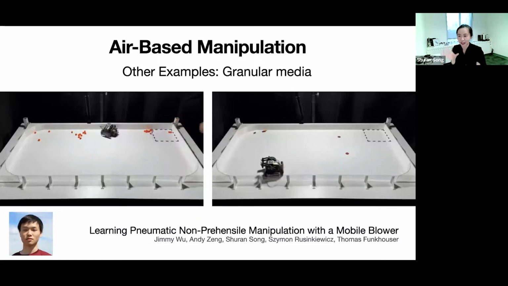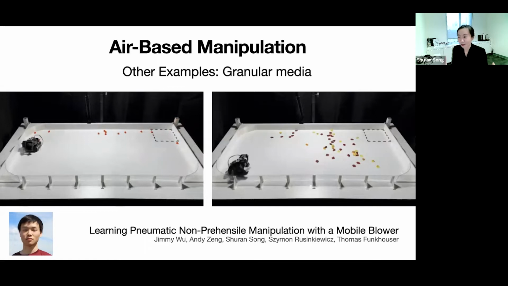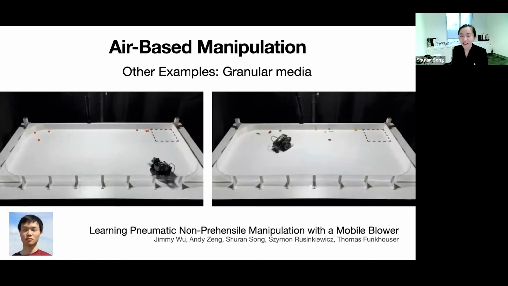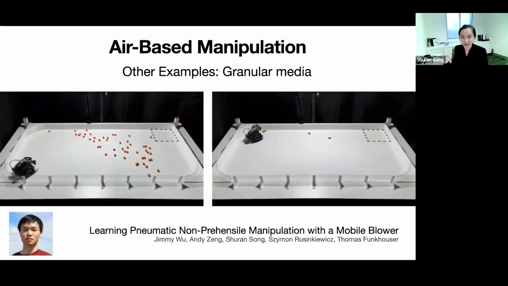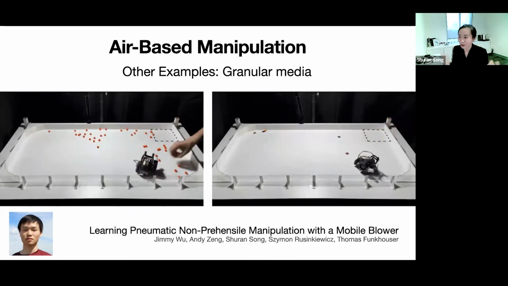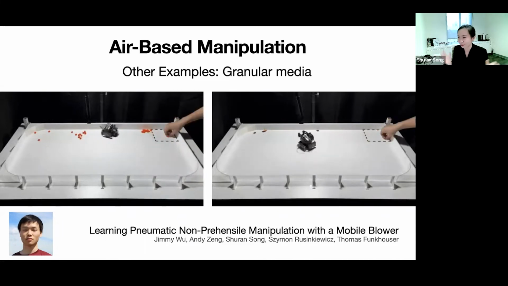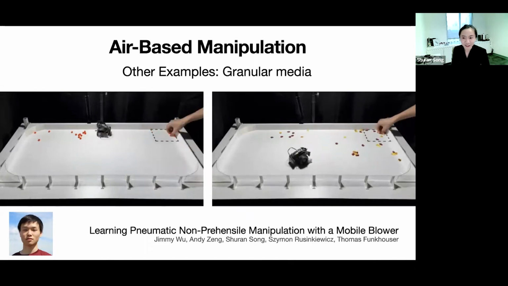We asked them to collect all the trash into one location. So the algorithm is able to use air pretty effectively, also in a closed-loop manner. And imagine if you could scale up the system with bigger robots and stronger blowers. It's possible to design a robot that cleans up your backyard or blows your leaves for you.